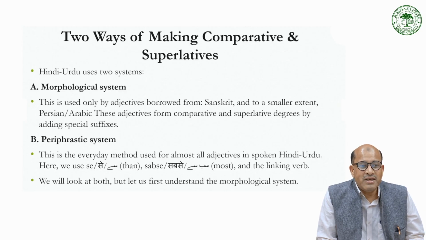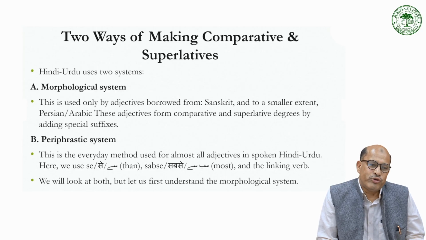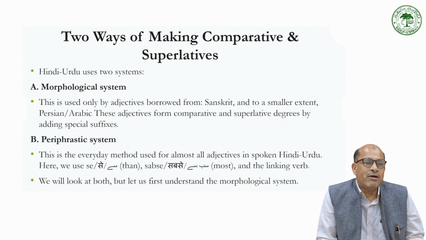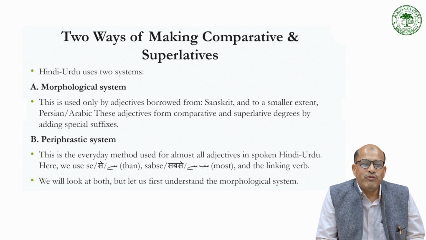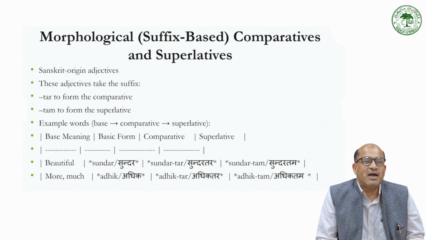This is the everyday method used for almost all adjectives in spoken Hindi Urdu. Here we use se for than and sabse for most, and the linking verb. Linking verb is used at the end. So in the examples, you will understand it clearly. We will look at both, but let us first understand the morphological system.